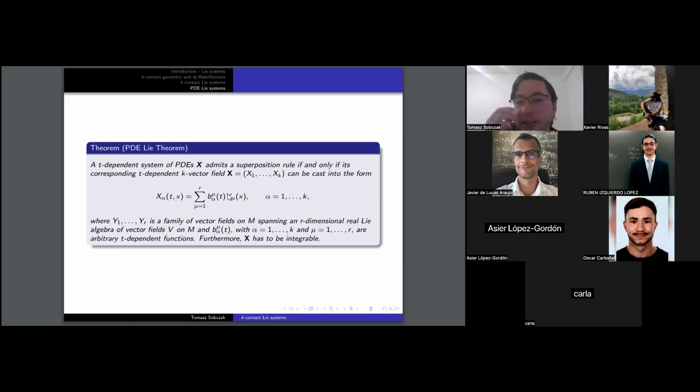And the system has such a superposition rule if its corresponding time-dependent k vector field can be decomposed in such a manner. So this is very similar to before. Before we just had one specific time-dependent vector field for a system. Now, because we are dealing with k vector fields, we have this index alpha.